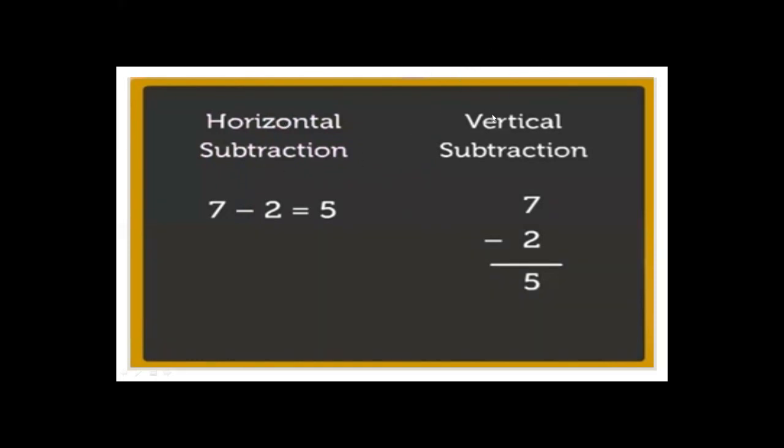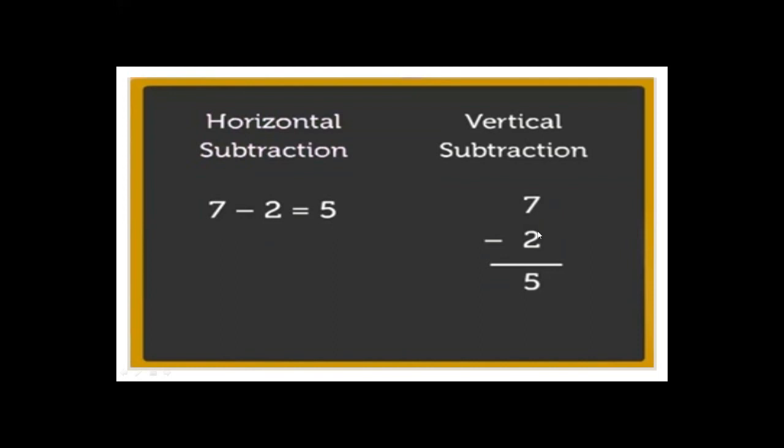Okay, the next one is vertical subtraction. In vertical subtraction, we write the number 7 first, and after 7, downward, we put the number 2. After putting 2, on the left side we put the minus sign and then draw the line.